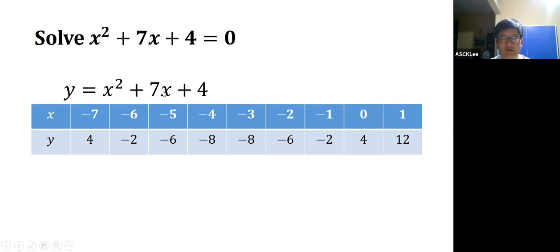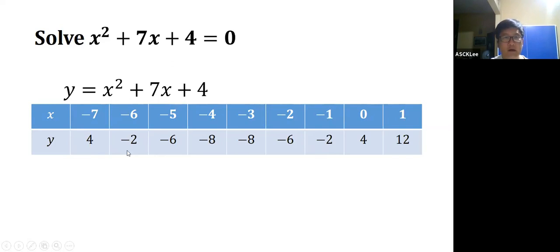So 49 minus 49 is 0, plus 4. So you have a y value of 4 here. Just complete your table. -6 here will be 36, 36 minus 42 is -6, -6 plus 4 is -2. And so on and so forth. You just fill in x, and y you have to calculate.